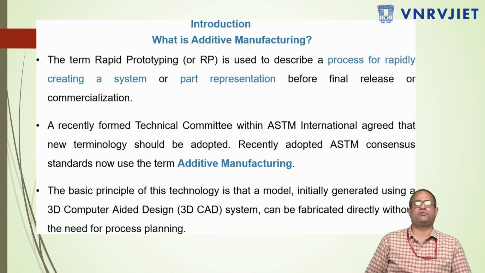STL stands for standard triangular language, where the entire CAD geometry is encoded, and every layer is going to be tiled by a series of triangles. Each triangle gives input to the additive manufacturing machine on how to lay up the surface geometry. That is the reason why the acceptable format is the .stl format.